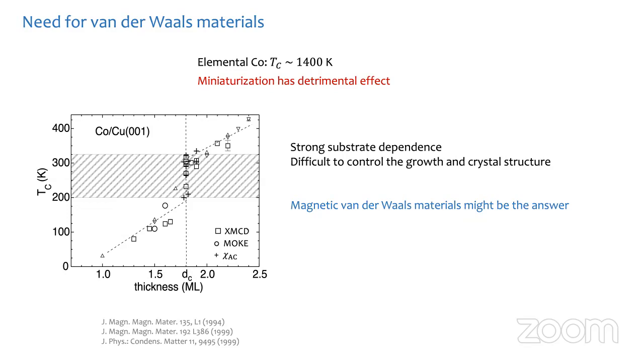Okay, so in this context, the magnetic van der Waals material might be an answer, which will also give you a handle if you might have a magnetic material with much higher TC.